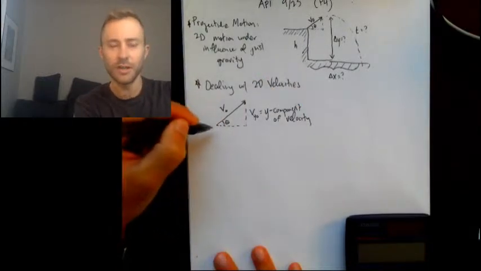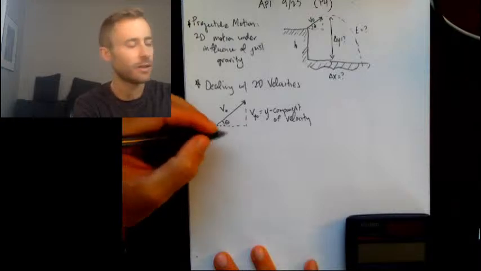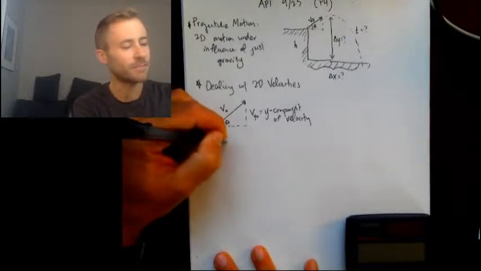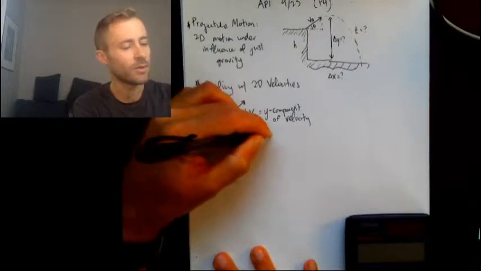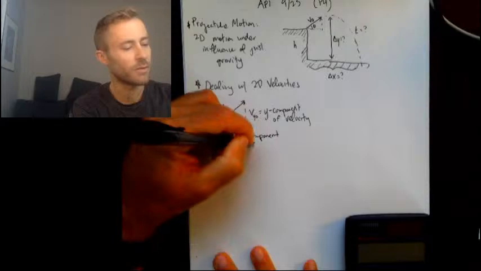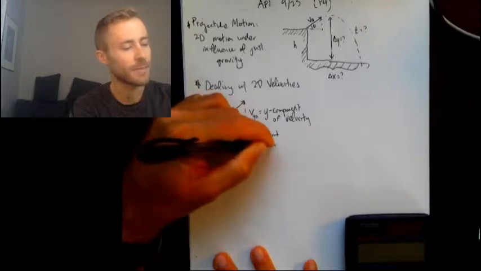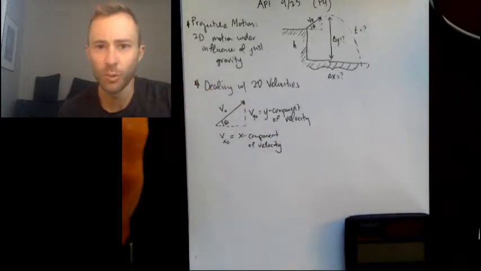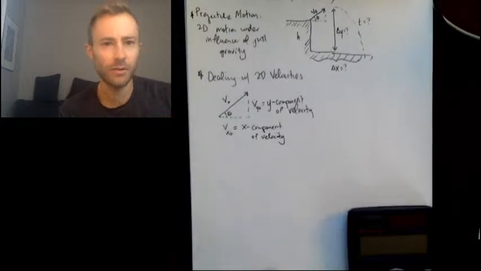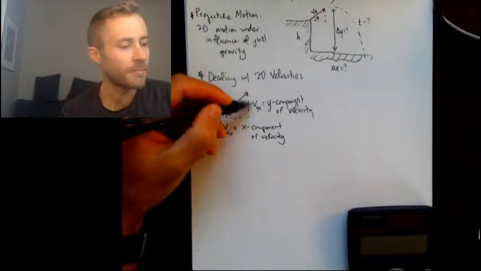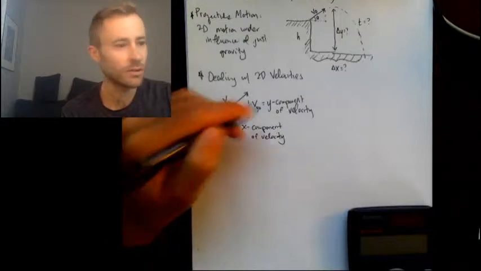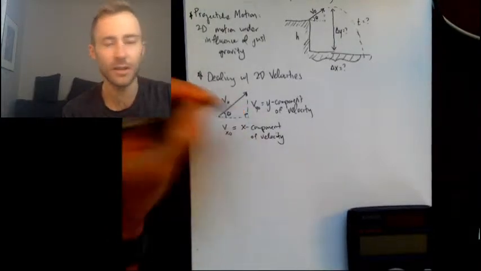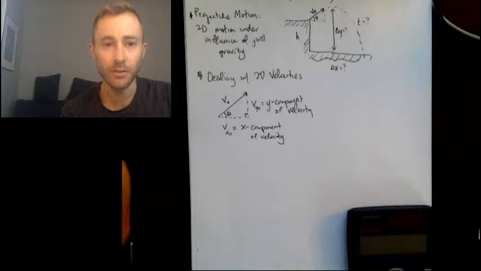The horizontal leg of this triangle is called v x naught, and it is the x component, or the horizontal component of the velocity. Okay, and so the rule for getting the component, if I want the y component of the velocity, I'm going to treat this as a right triangle here, and I just calculate the corresponding leg of the triangle.